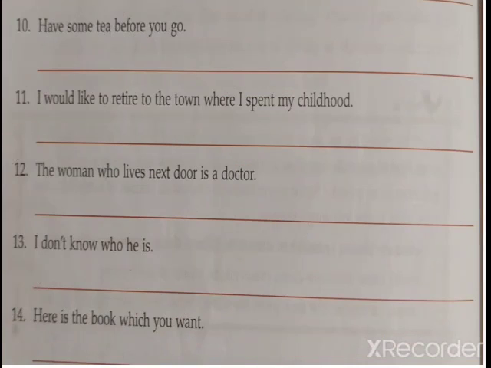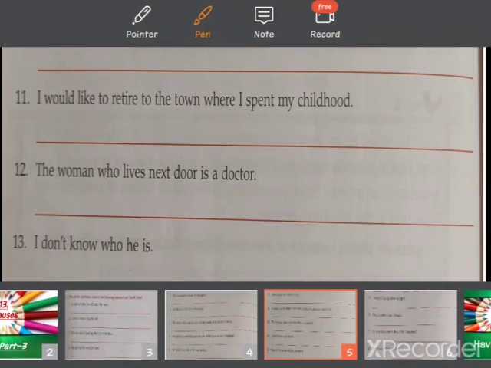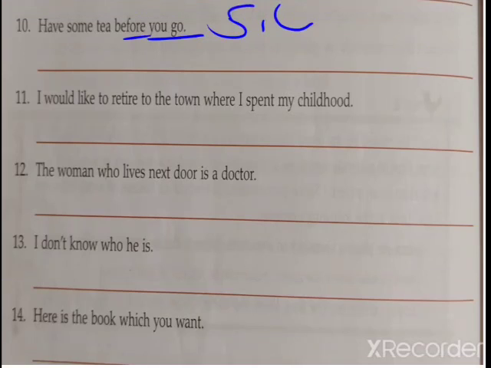Now look at the next. Have some tea before you go. Now look at here, before is a conjunction, and before you go is a subordinate clause.